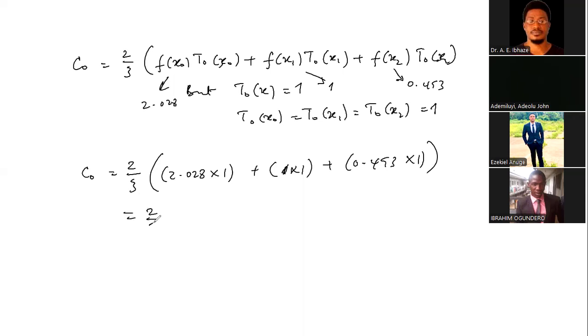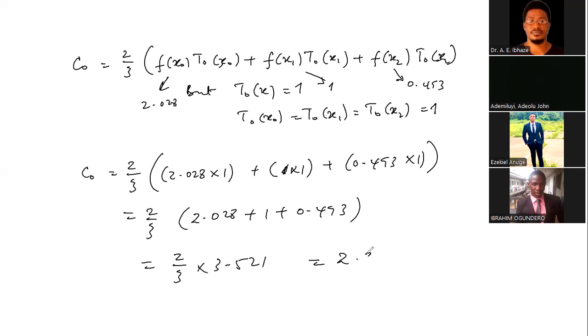And this will be the same as 2 over 3 times (2.028 plus 1 plus 0.493). So this is going to give us 2 over 3 times 3.521, which is 2.347. So C naught is the same as 2.347.